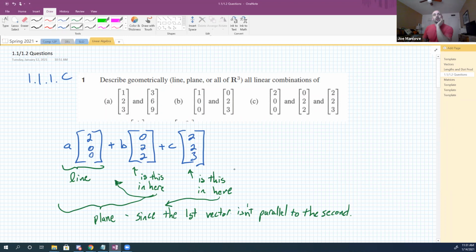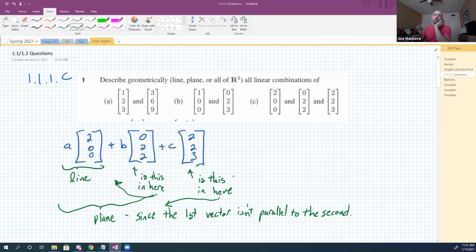Okay, so let me think of some characteristics of that first plane, right? So I'm wondering, is there a scalar C so that C times 2, 2, 3 is an A times 2, 0, 0 plus B times 0, 2, 2? You guys see that?